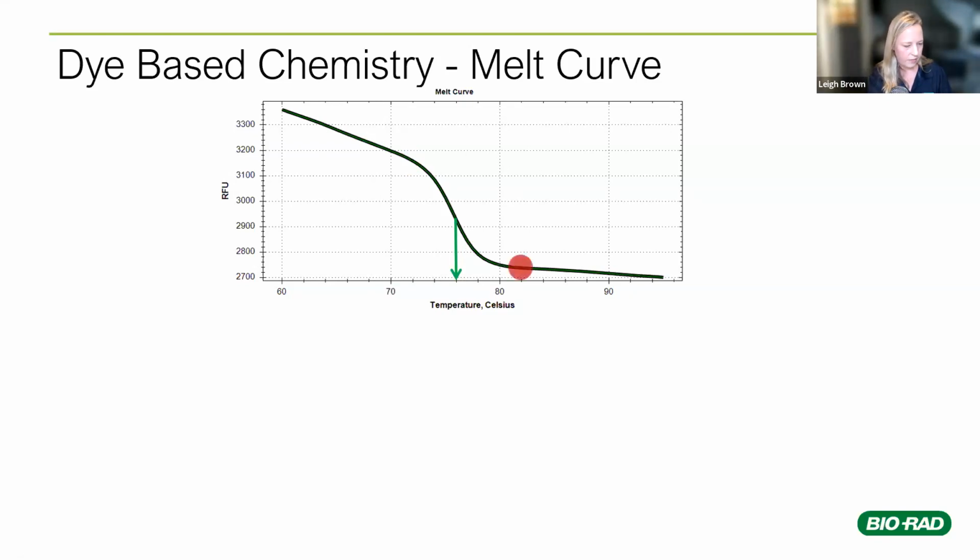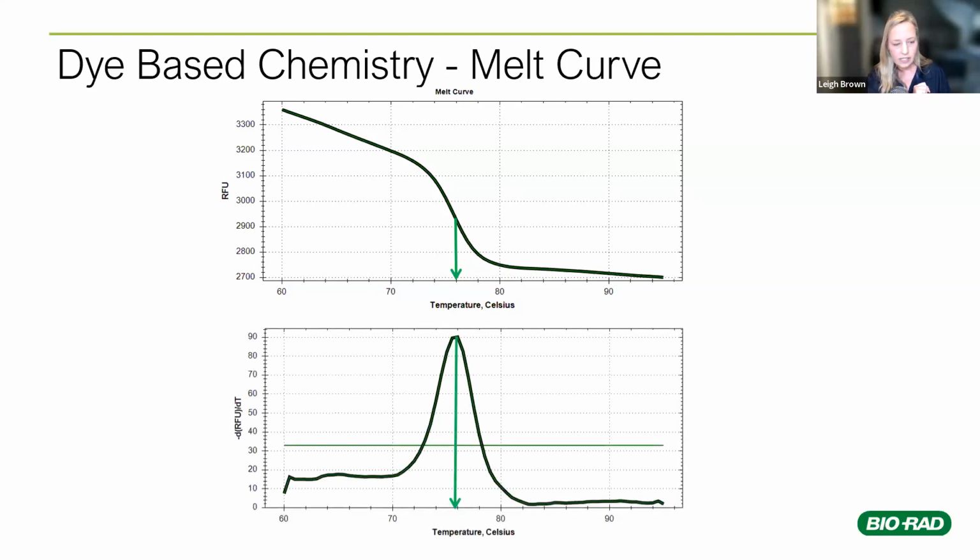And so if we look at the negative derivative of the rate of change of fluorescence versus temperature, this is something that is done all in the software that comes with the thermal cycler. You're not going to have to do the math on this. We can better visualize that inflection point. And as you can see right here, we have one nice inflection point instead of multiple ones, right?